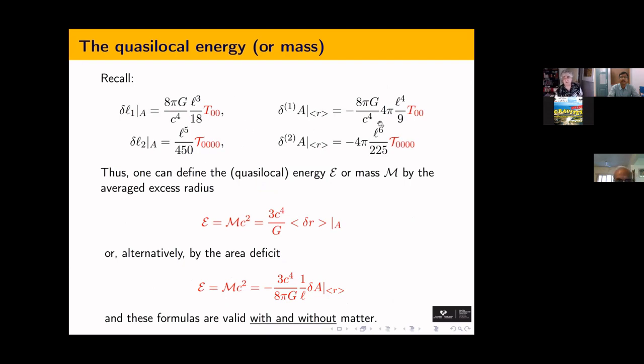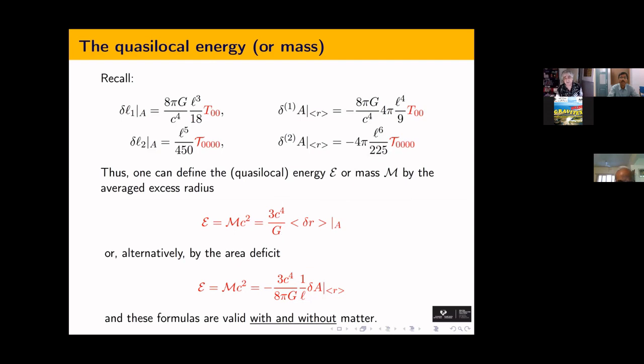Given that the relative factors are the same, then we can take this as my definition of energy, right? And then I would say that the energy, or if you want the mass, it depends what you prefer, is just take the variation of the radius, keeping the area constant, and just multiply by 3c⁴/G.